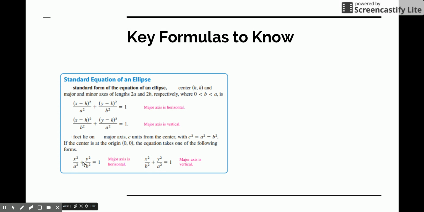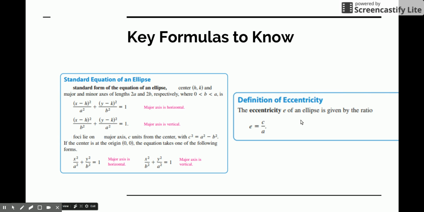This is when you plug in (0, 0) as the origin. There's also this point called the foci, and the foci lies on the major axis, and you find it by doing c squared equals a squared minus b squared, and c is the distance between the center and the foci. And there's another formula that's pretty easy, e equals c over a, that's the eccentricity.